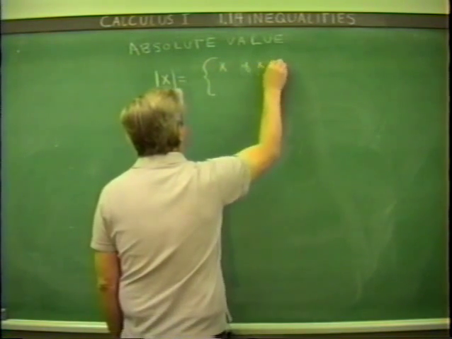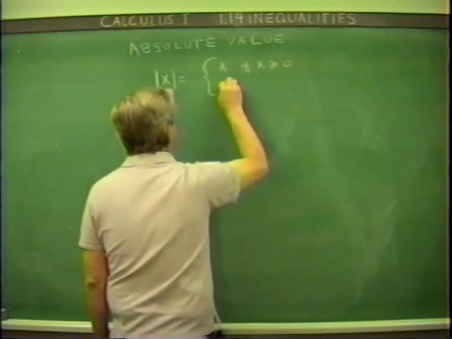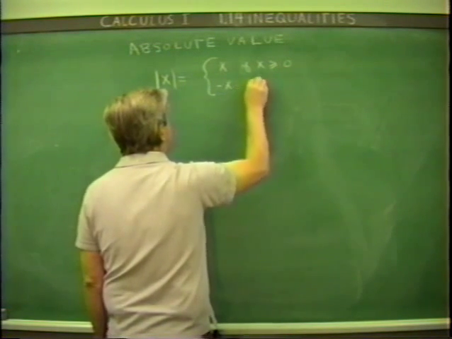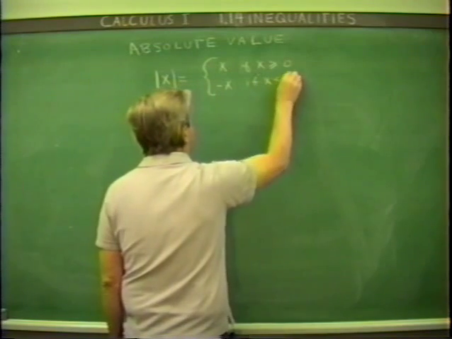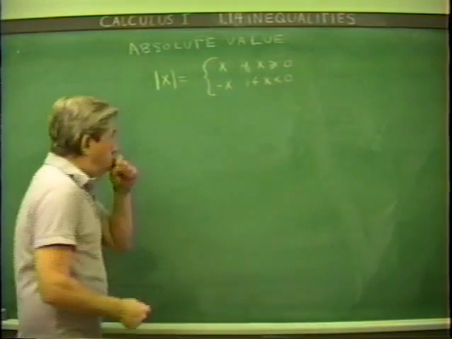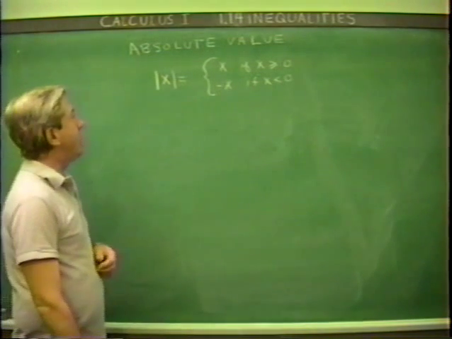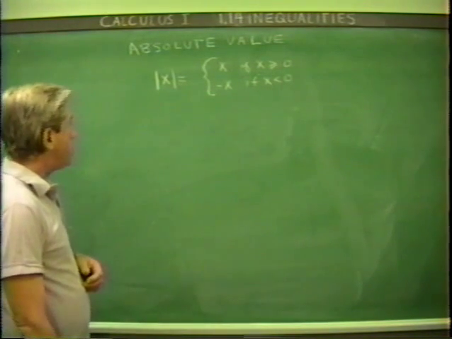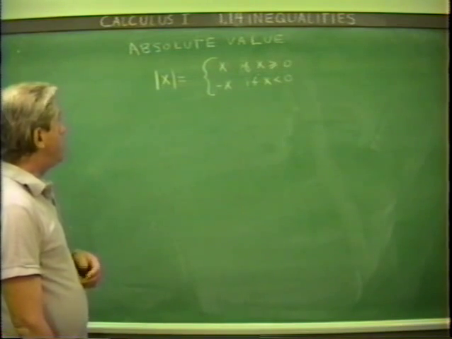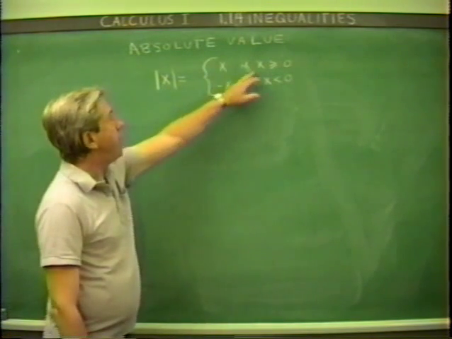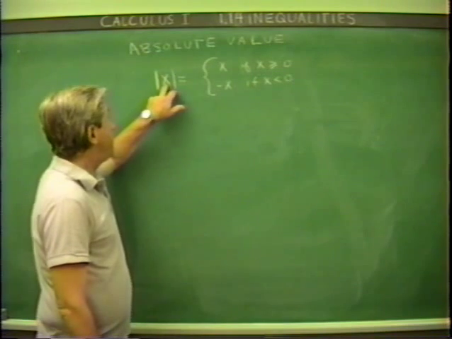The definition of the absolute value of the number x is that absolute x is equal to x if x is greater than or equal to 0, but it's equal to minus x if x is less than 0. This seems tricky at first.